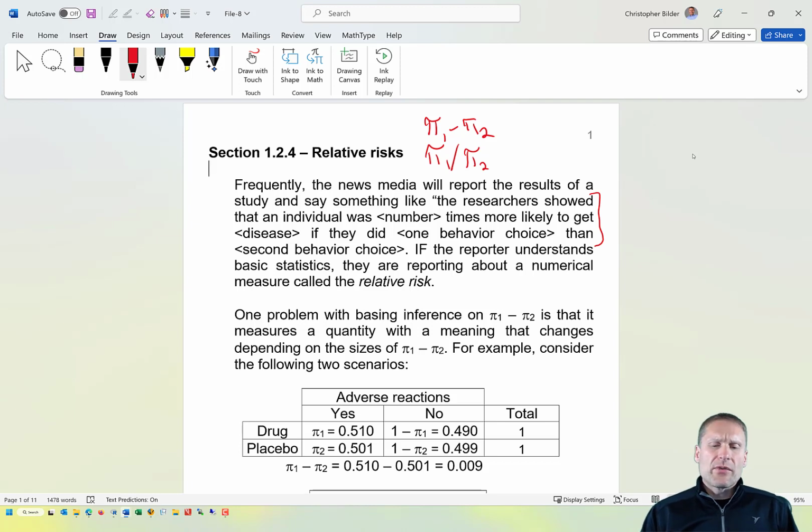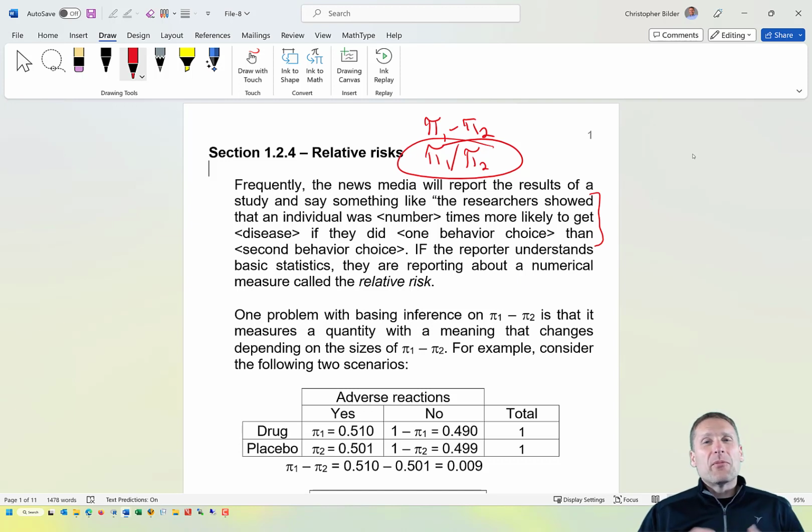The researchers showed that an individual was blank times more likely to get some bad disease if they did a bad behavior than if they did a good behavior. Now, as long as the reporter knows statistics enough, this measure that they're reporting is this one right here. Unfortunately, though, reporters can actually report some other measure, particularly one that we will see in another set of notes called an odds ratio in this particular setting.